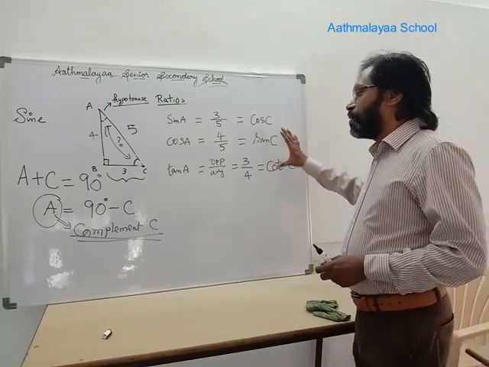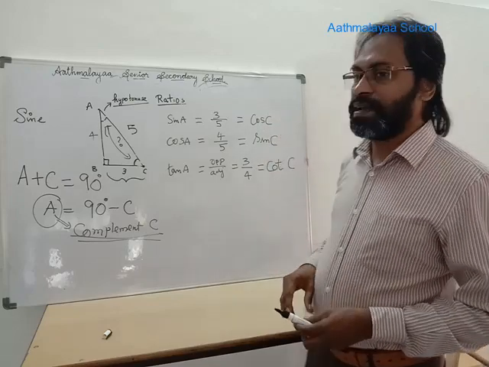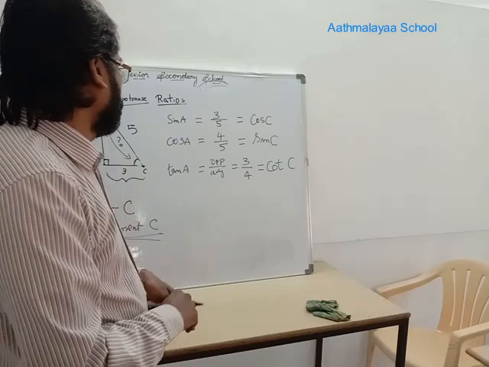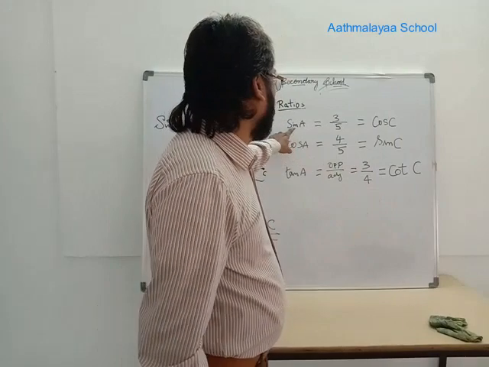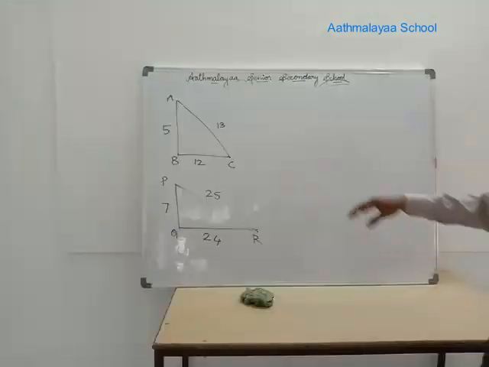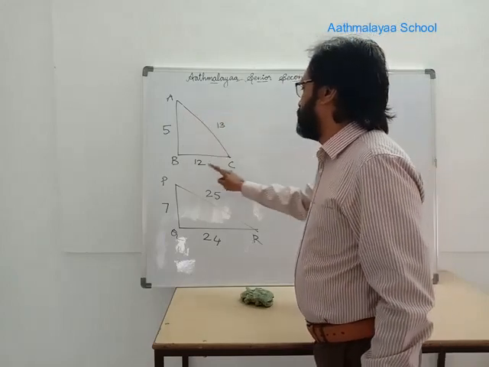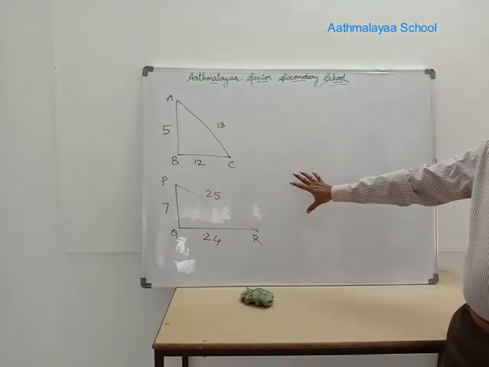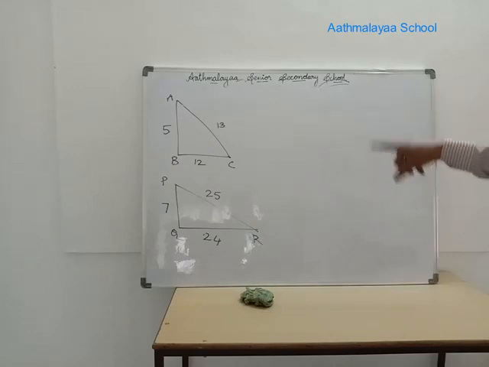Okay. So now, after copying this, I will give you one right angle triangle where you have to write these 6 ratios in terms of angle A and C. On the board you have 2 triangles, ABC and then PQR. Is that visible for you? Good.